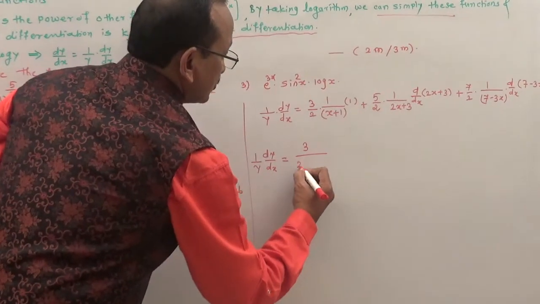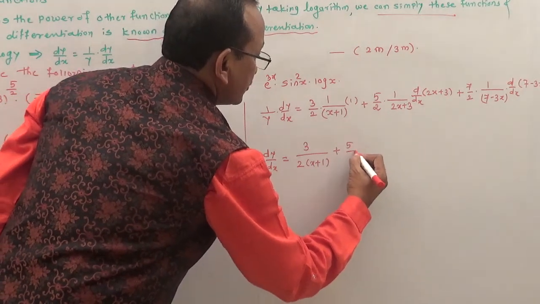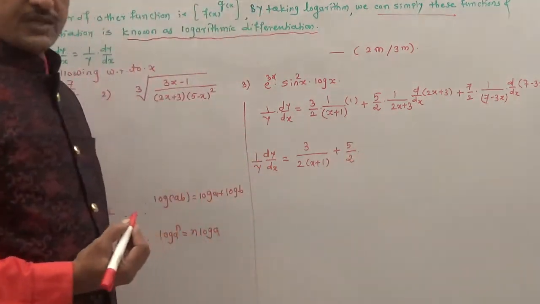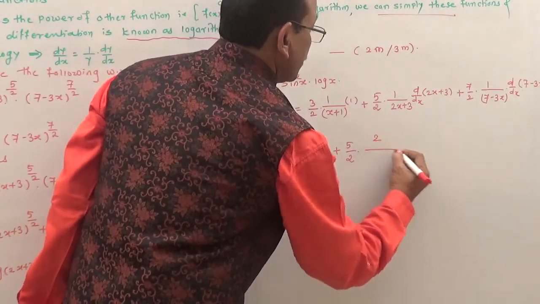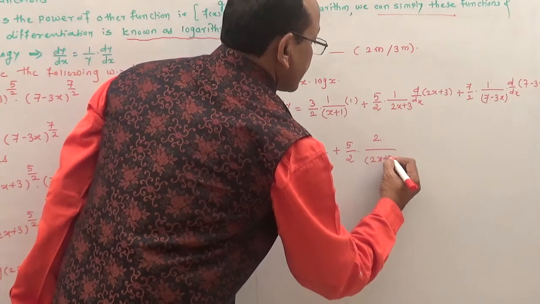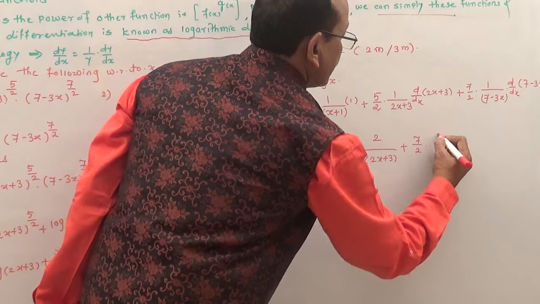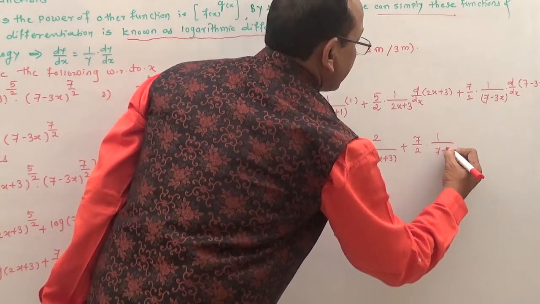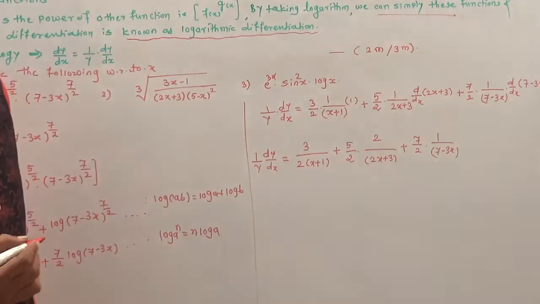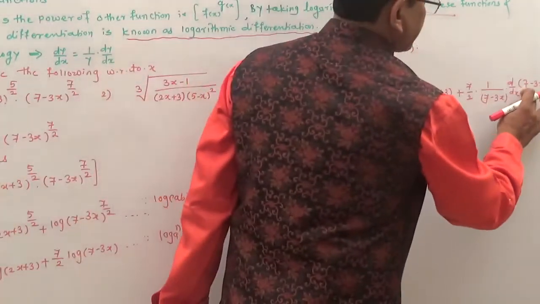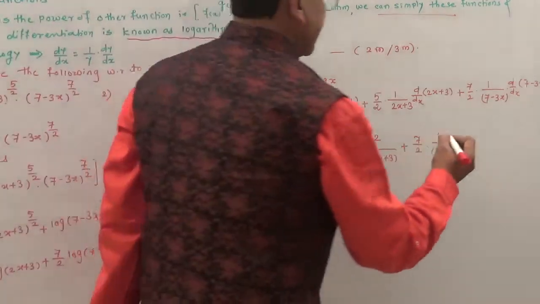So 1 upon y dy by dx is equal to 3 upon 2 times (x plus 1) plus 5 upon 2 into the derivative of (2x plus 3), which is 2, so 2 upon (2x plus 3), plus 7 by 2 into 1 upon (7 minus 3x) into the derivative of (7 minus 3x). The derivative of 7 is 0, minus the derivative of 3x, which is minus 3.